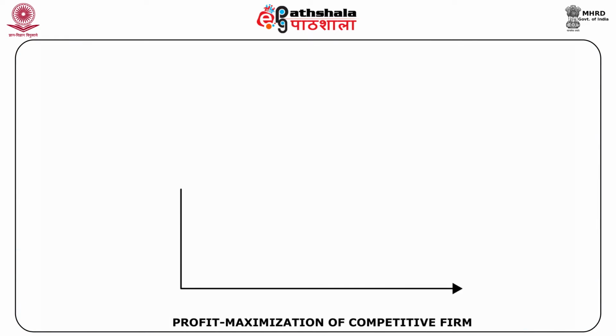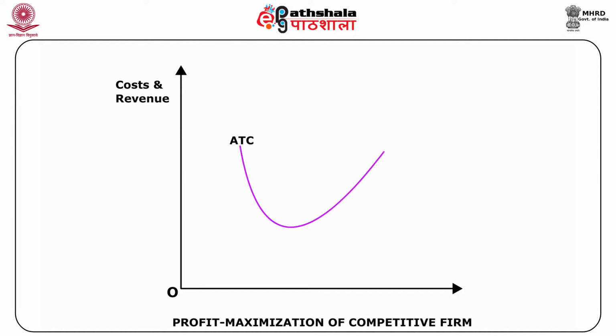Now, figure 3.1 illustrates the profit maximization of a perfectly competitive firm. It shows the short run cost curves, that is ATC, which is average total cost, AVC, which is average variable cost, and MC, which is marginal cost.